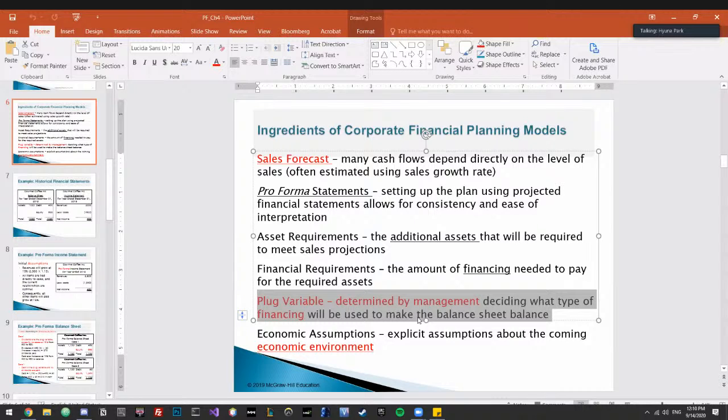So those are economic variables like COVID, so vaccine for COVID-19, something like that, or interest rate or oil price, that kind of macroeconomic and GDP growth. So those outside the environment, managers don't have a control. So those are economic environment, economic assumptions.